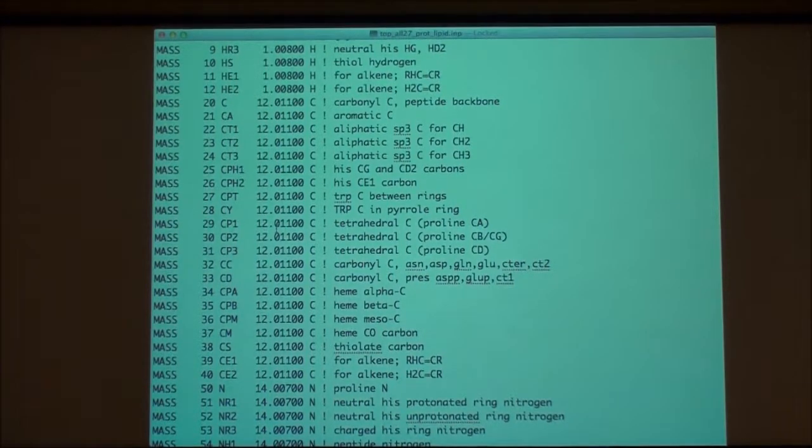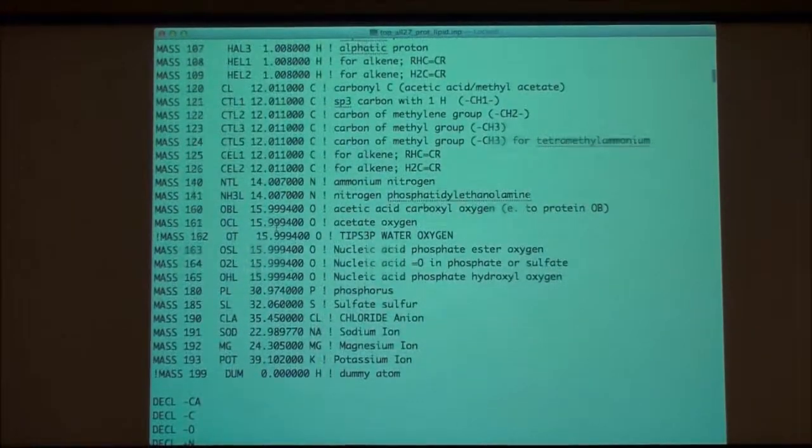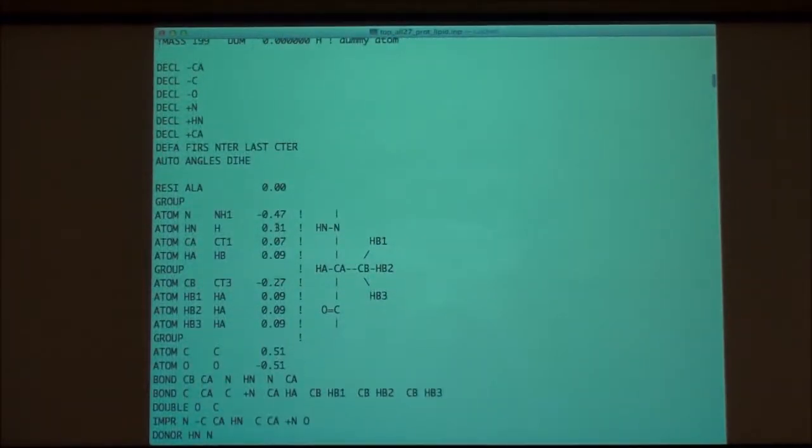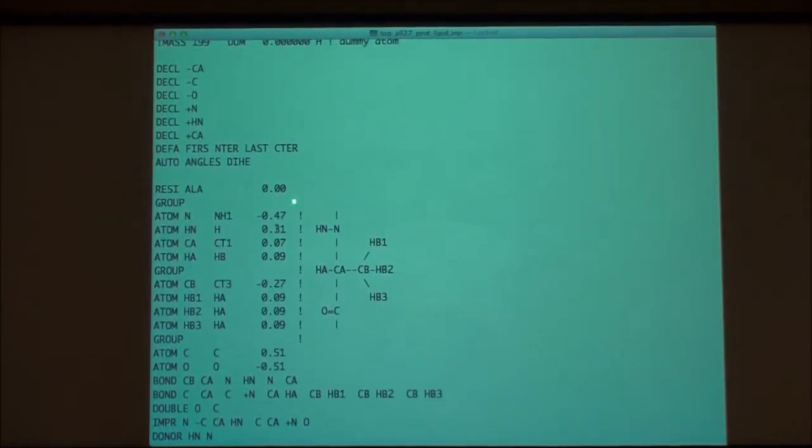The masses are here, and then for each residue, for example alanine, we can say there is a residue called alanine. It has these atom names, and every atom name is connected to an atom type and its partial atomic charge.